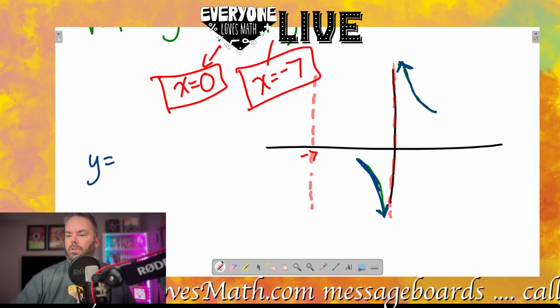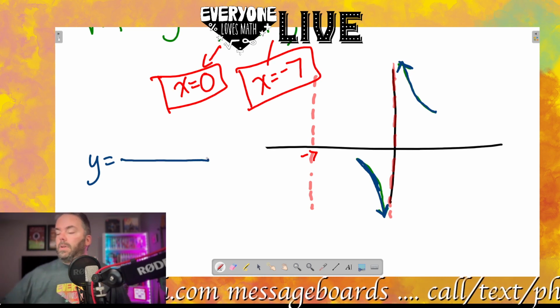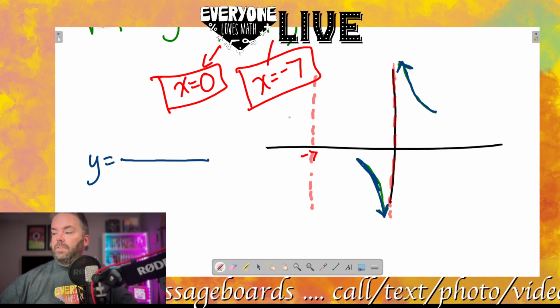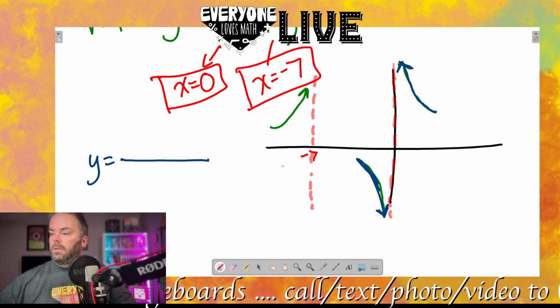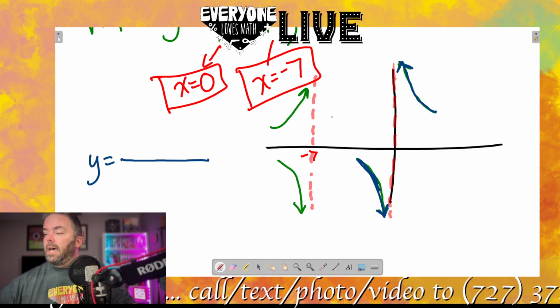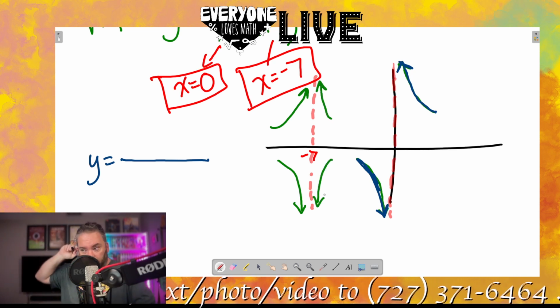So this function, either to the left of -7, it either goes to heaven or it goes to hell because there's a vertical asymptote there. And on the right side of -7, it's either going to go to heaven or hell. That's what the graph's going to look like.